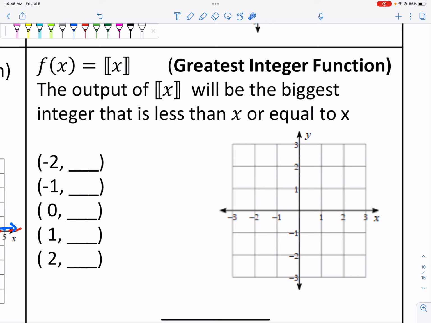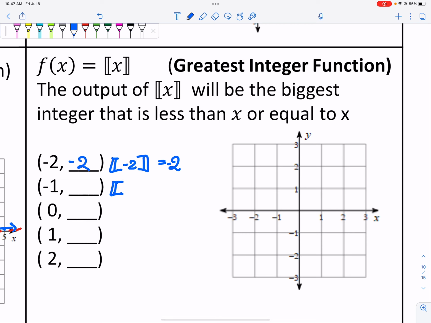All right, so if we were to input a -2 in there, the biggest integer that is less than or equal to -2 is going to be -2.